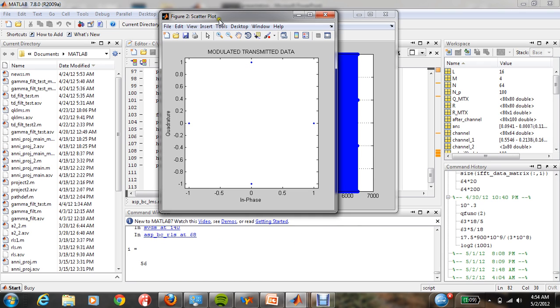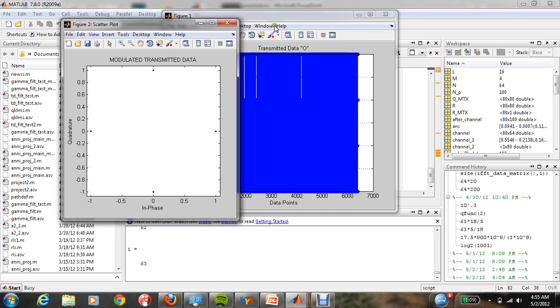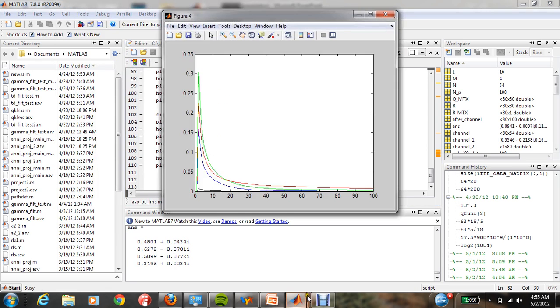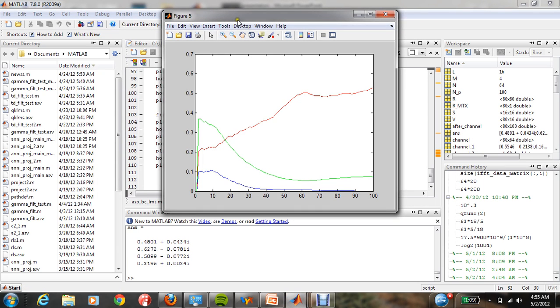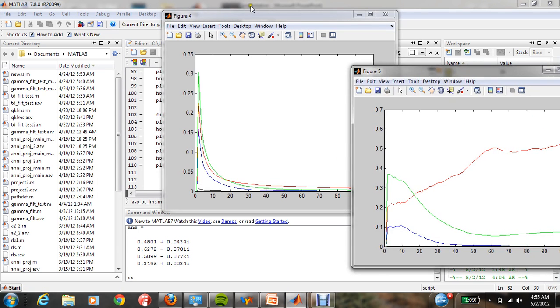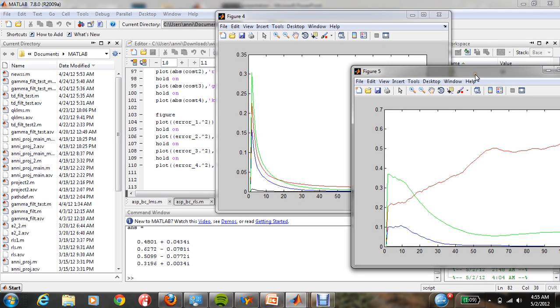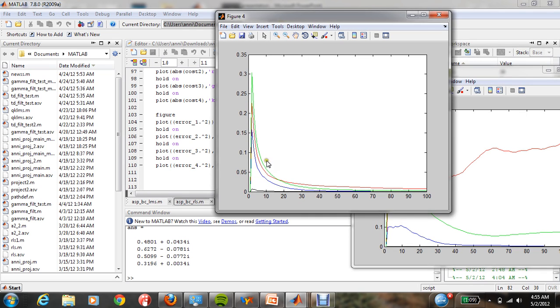This is again a plot of the symbols that are being transmitted. So here we obtain the plots of the error square, and this is the plot for the mean square error as it varies with every iteration.